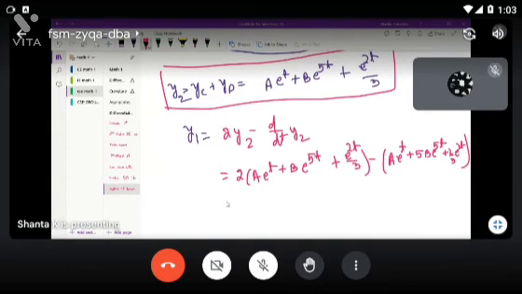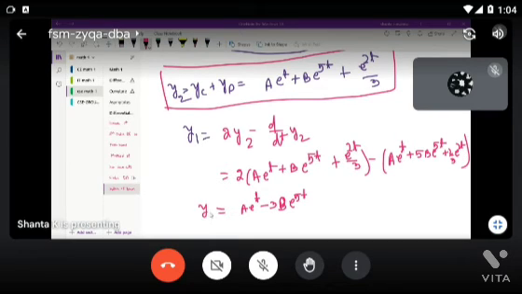So what are you getting: 2a e to the power t minus a e to the power t will be a. This is 2b and this is 5b, so minus 3b. And then this is 2 by 3 e to the power 2t, minus 2 by 3, so this gets cancelled.